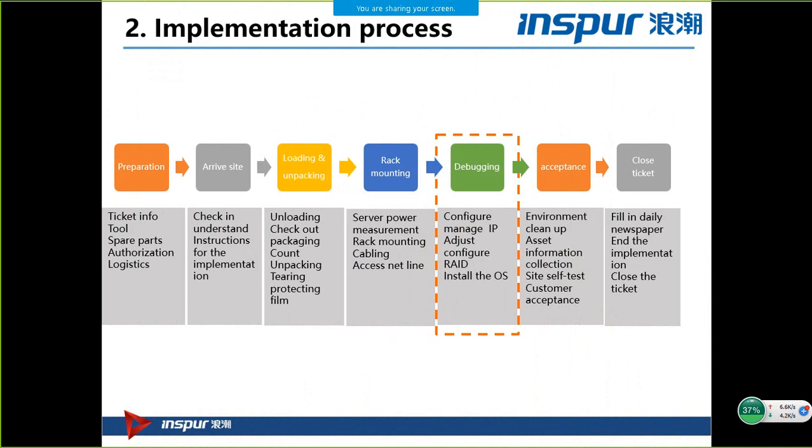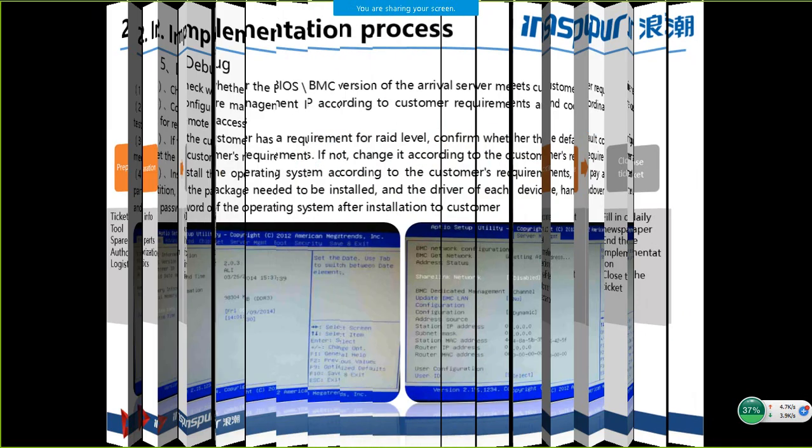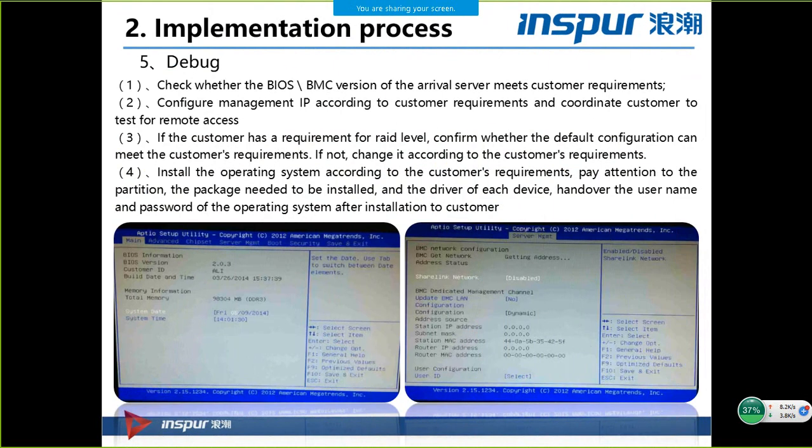And next, debugging. Actually, for the debug part, usually we don't need to do it, but sometimes it depends on our customer requirements. For example, the basic information like BIOS, BMC, FRU, so that the information can meet customer requirements, and do some configuration.